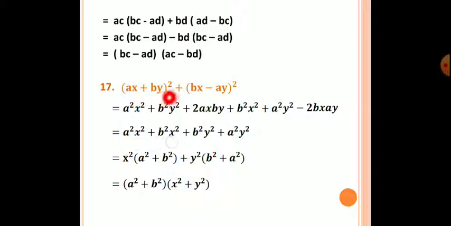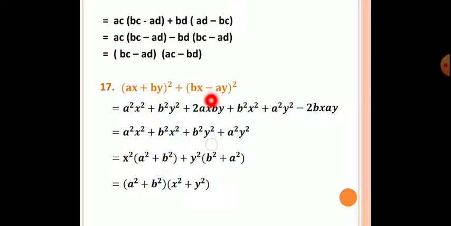Moving on to the next question, that is question number 17. (ax + by) whole square plus (bx minus ay) whole square. Let us first apply the formula of (a + b) whole square and (a - b) whole square over here. So (ax) whole square means a square x square, plus (by) whole square is b square y square, plus 2ab, that is 2axby.